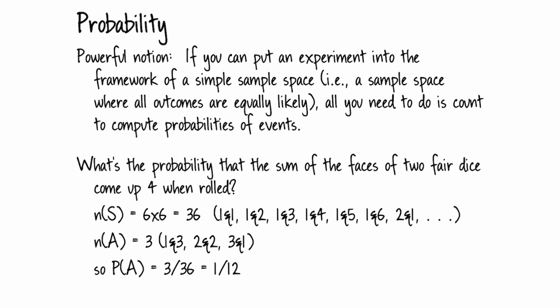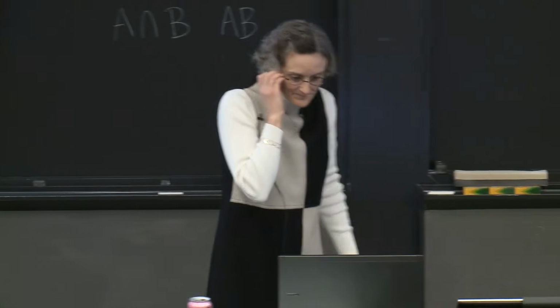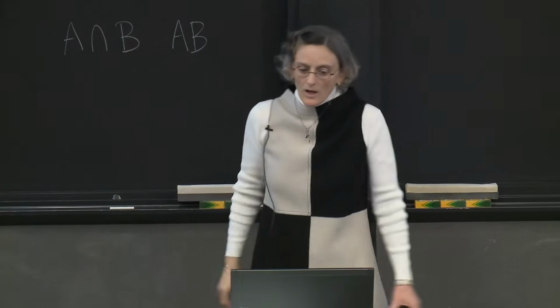So if we're interested in the probability of a particular event and we can describe the experiment in the framework of a sample space, all we have to do is count, and we can compute the probability. Is that clear?